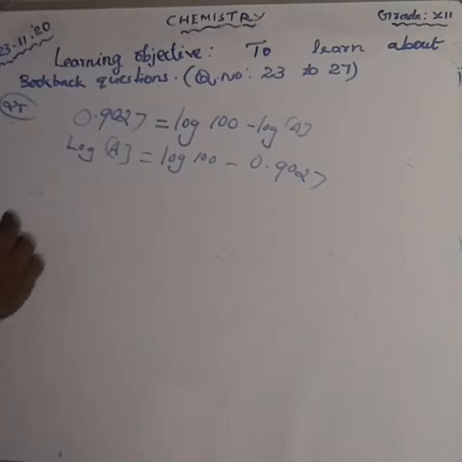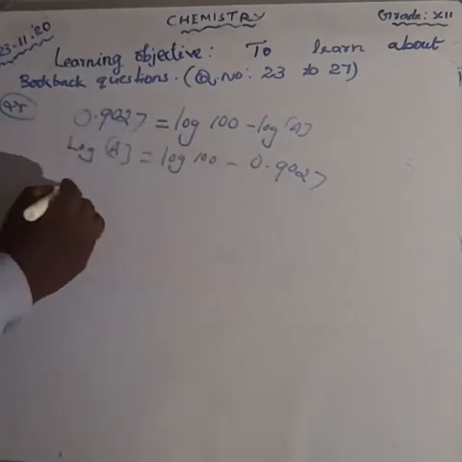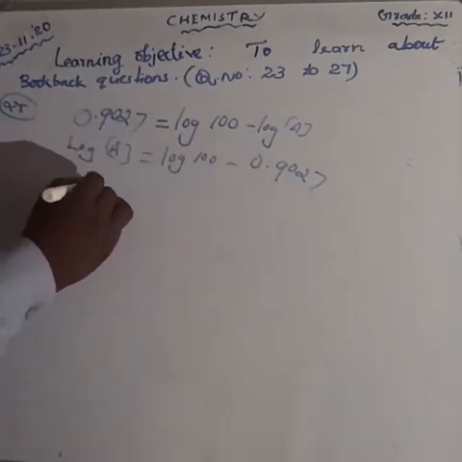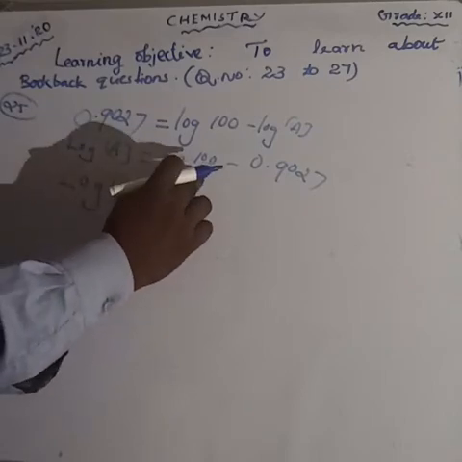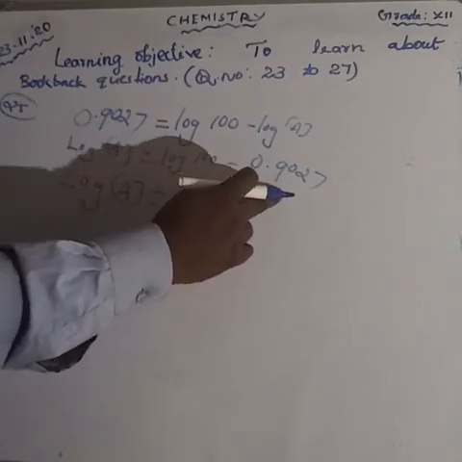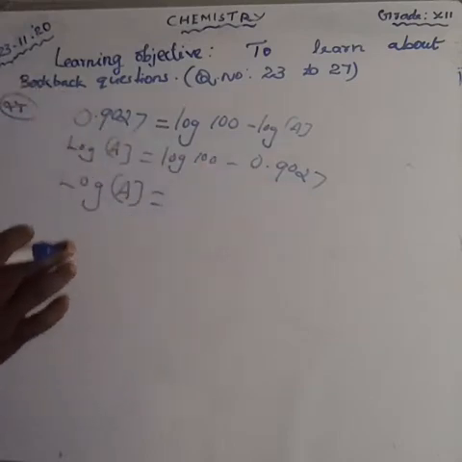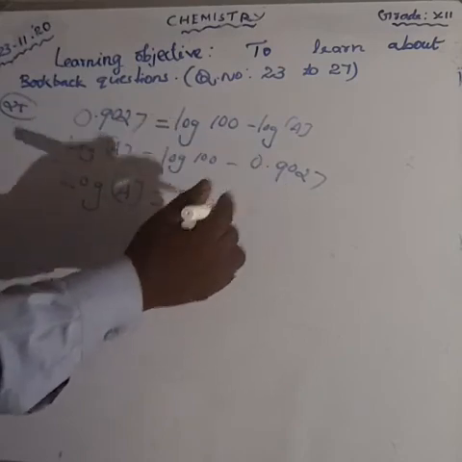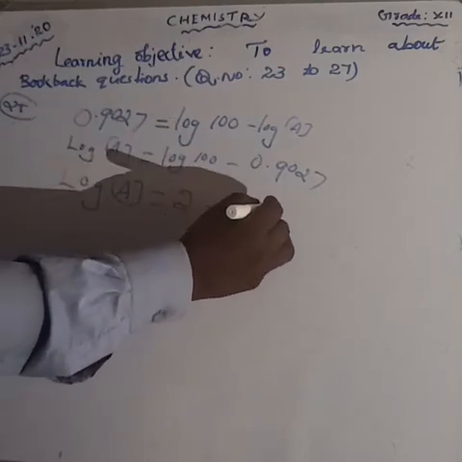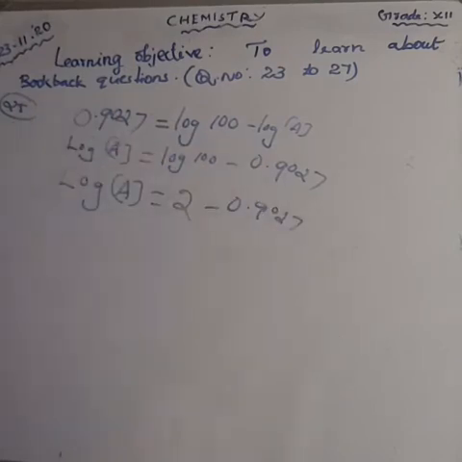Next, we are subtracting these two terms. Log A is equal to 100 minus 0. Approximately, log 100 is equal to 2 minus 0.9027. Okay.